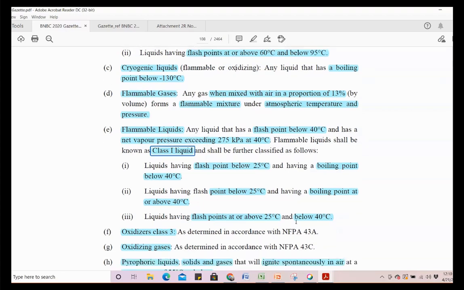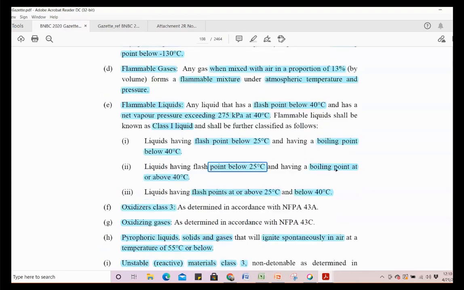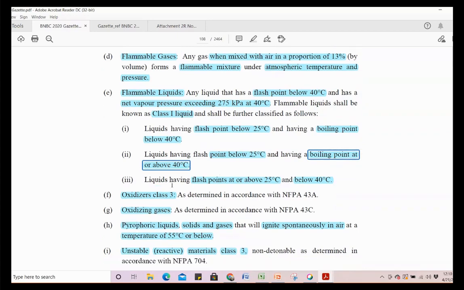There are three classifications: liquids having flash points below 25 degrees Celsius and a boiling point below 40 degrees Celsius; liquids having a flash point below 25 degrees Celsius and a boiling point at 40 degrees centigrade or above; and liquids having flash points at or above 25 degrees centigrade and below 40 degrees centigrade.